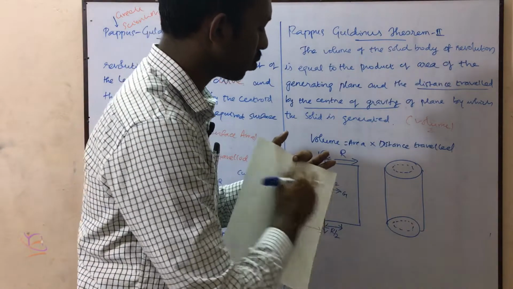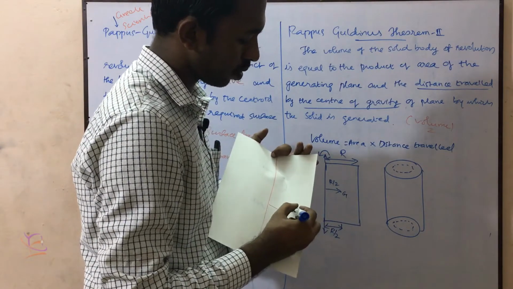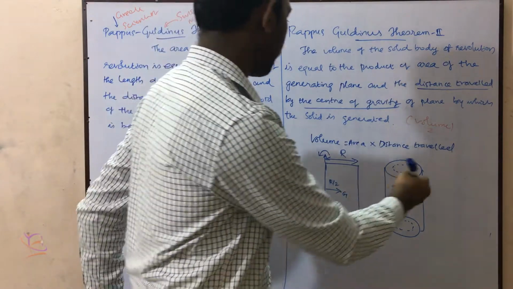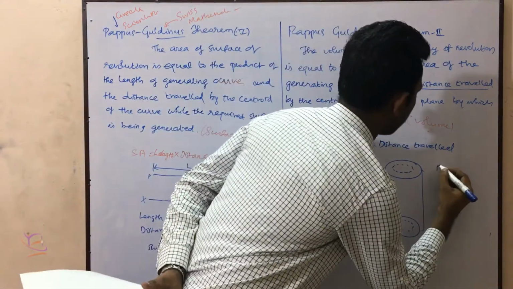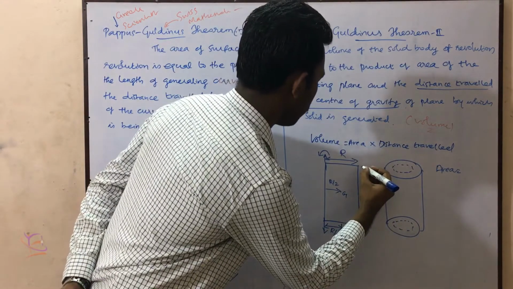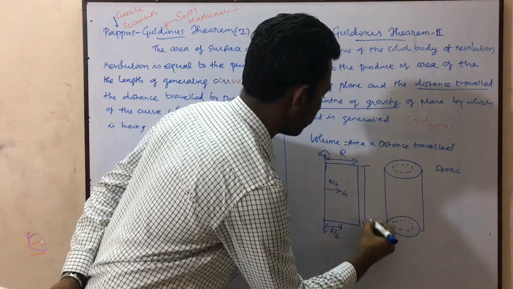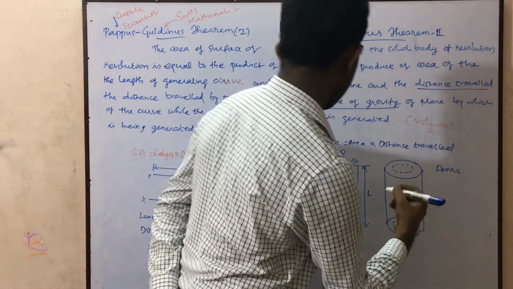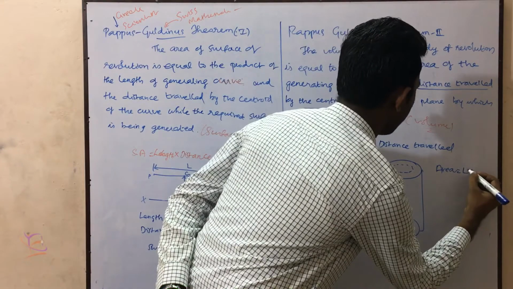I have taken the total as r and the centroid distance is r by 2. The area of the rectangle, with this height taken as L, is L into r.